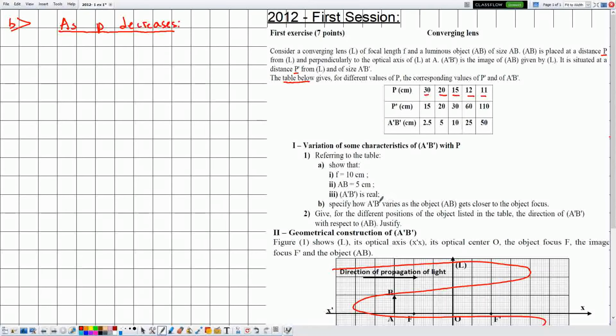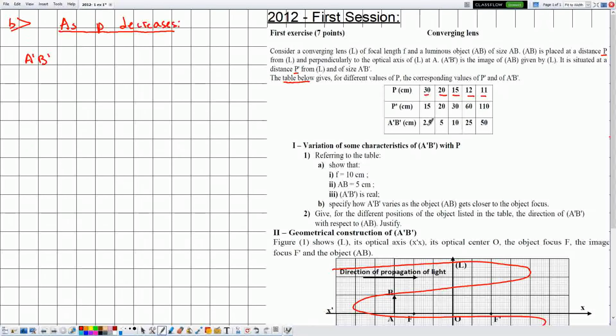they are telling me how A prime B prime varies. So I need to study the variation of the size of the image A prime B prime. I repeat, P decreases because P represents the distance between the object and the lens, and the object AB is getting closer to the object focus, therefore P will decrease.